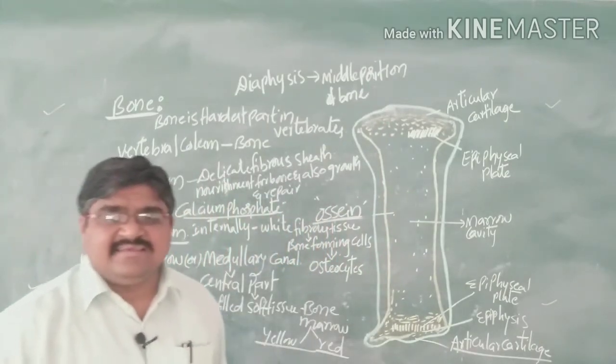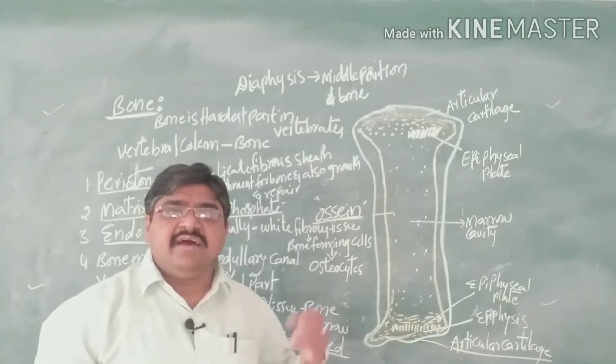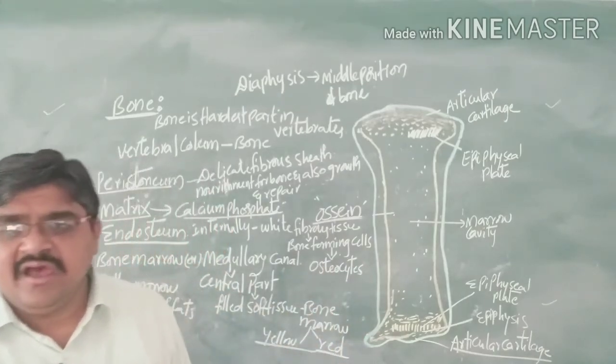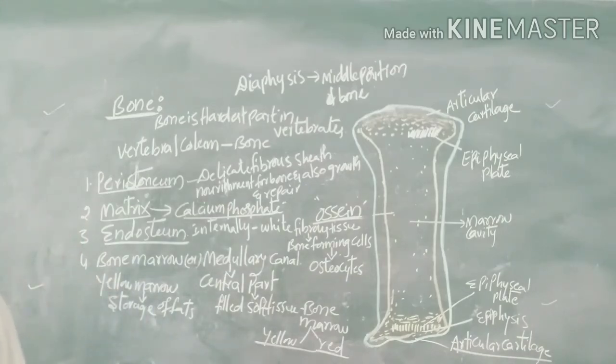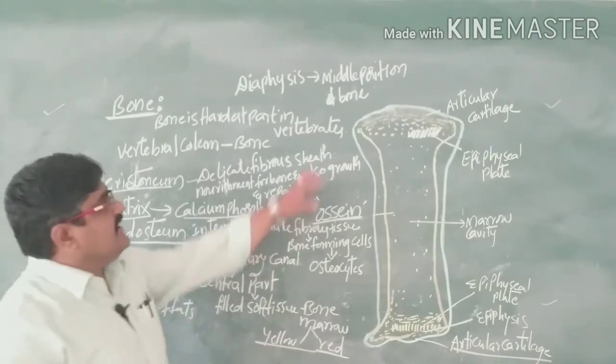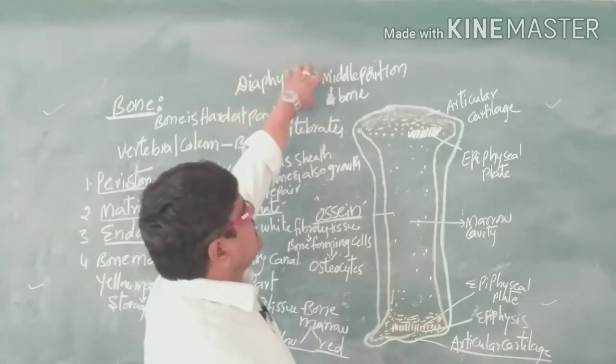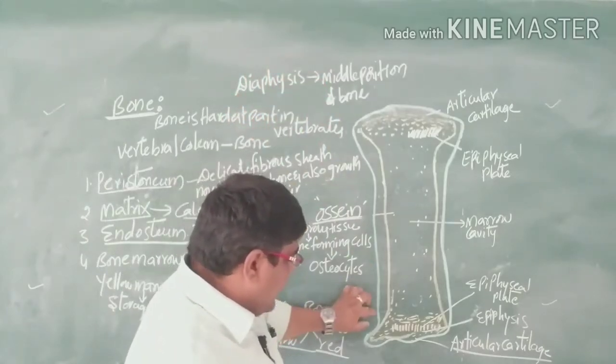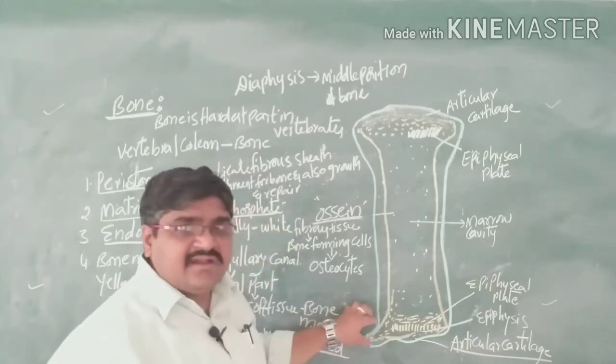Here will consist of two regions, one is epiphysis as well as the metaphysis. So here you will consider diaphysis, the middle portion of the bone, and the metaphysis, the end parts of the bone.